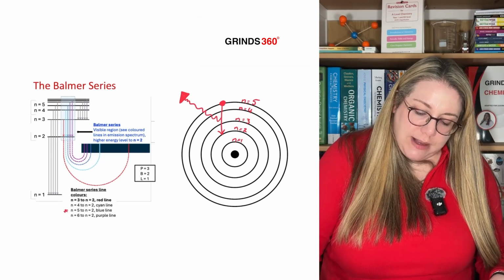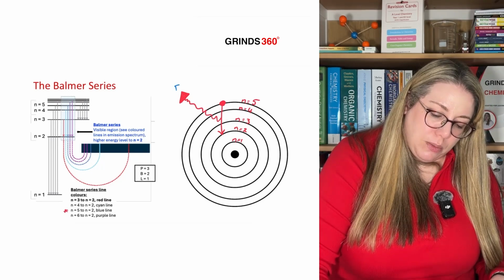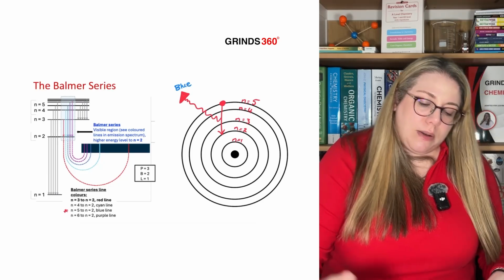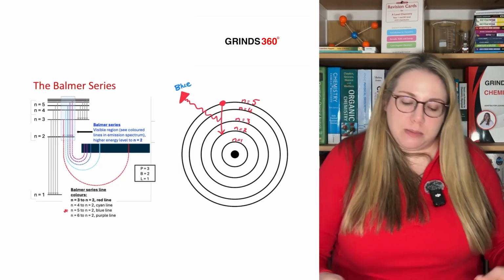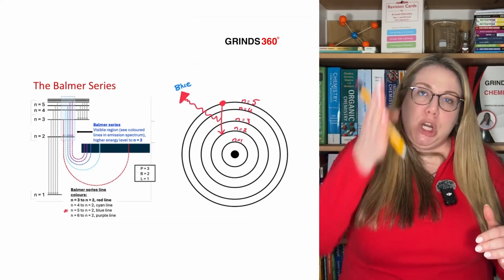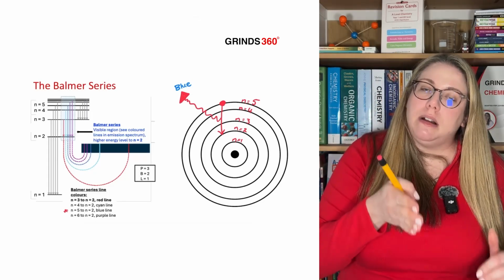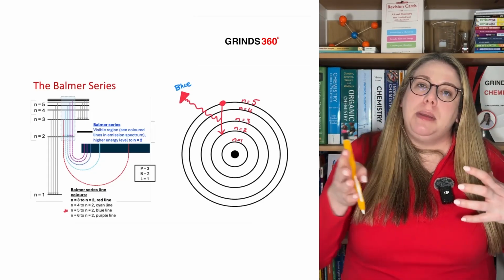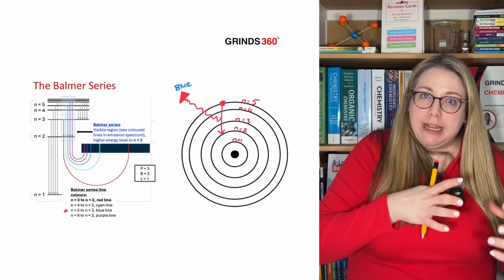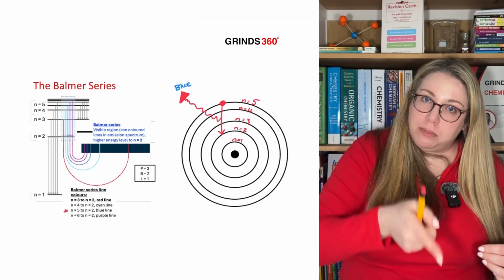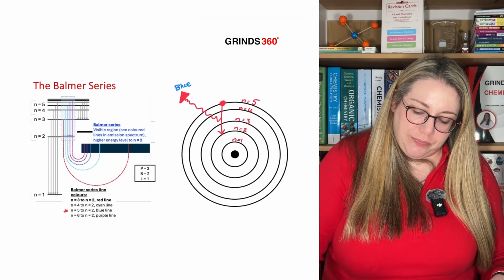You would produce a photon that is blue. So if you were looking at the line emission spectrum of hydrogen, that would be the blue line that you see on the hydrogen emission spectrum. Because if it is emitting blue light, well then it has to be the one that corresponds to blue light on the line emission spectrum.